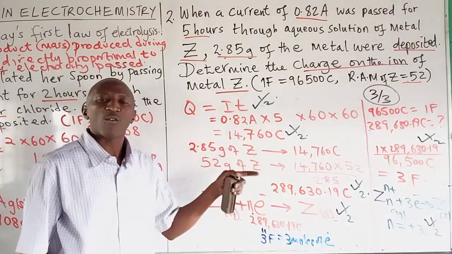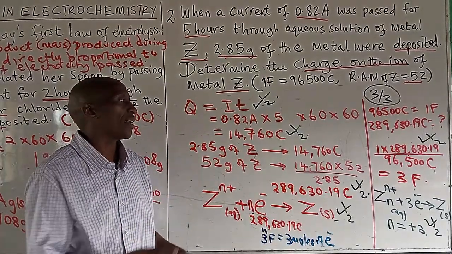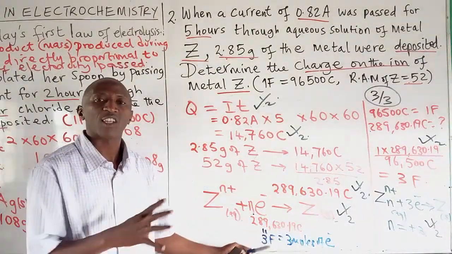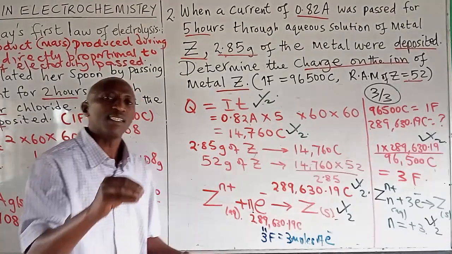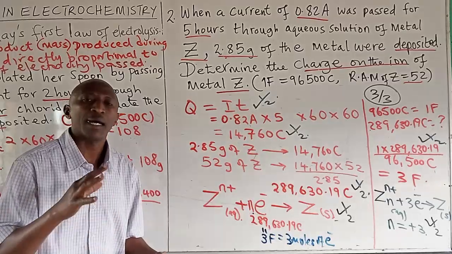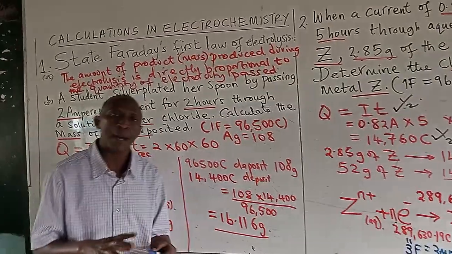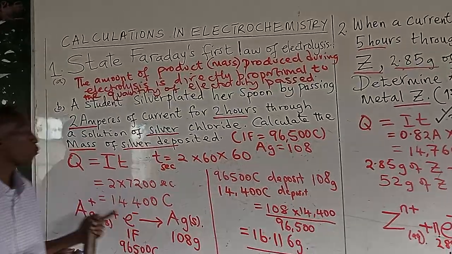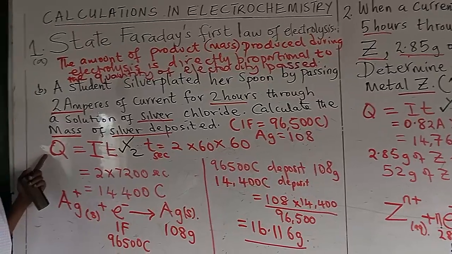Well, in different forms of evaluation, the marks distribution may vary, but these are the key areas that we may be required to show. Indeed, if we move back slightly to question number 1, which we had solved earlier, you realize that the writing of the formula is very important.